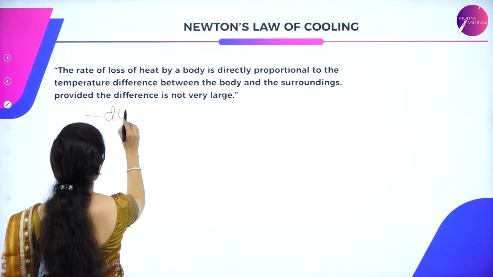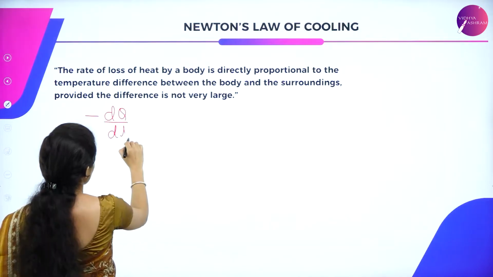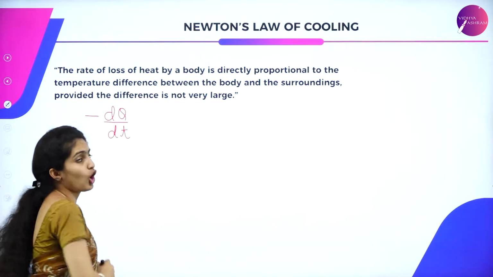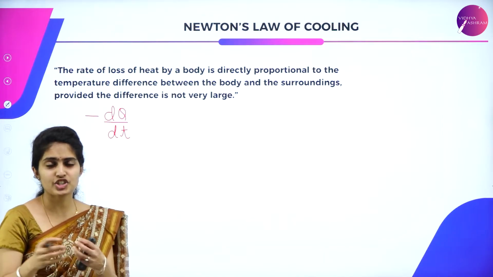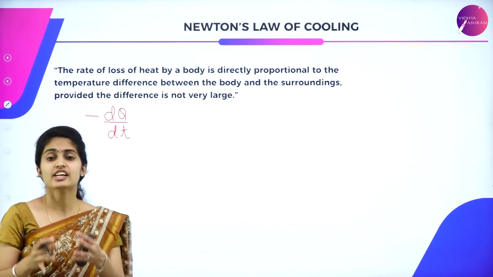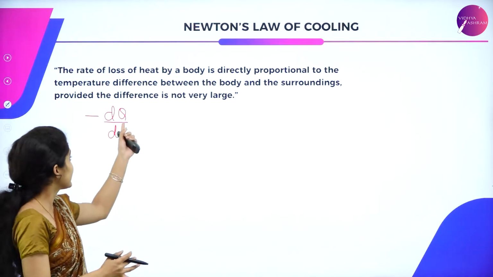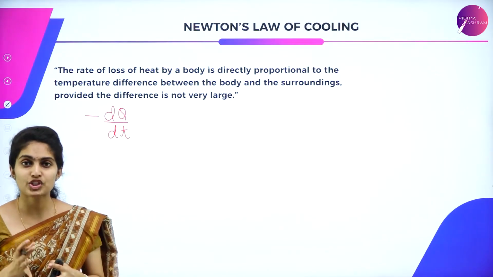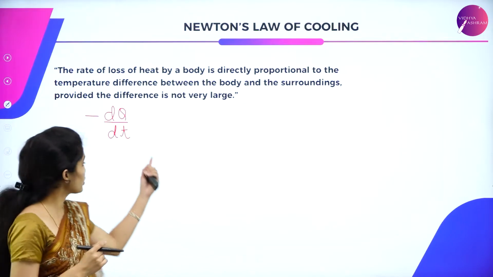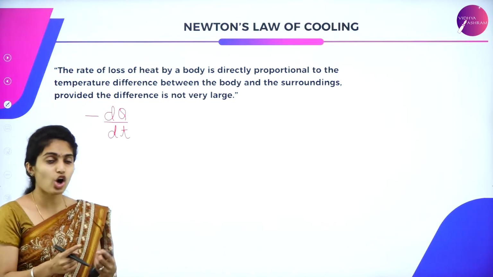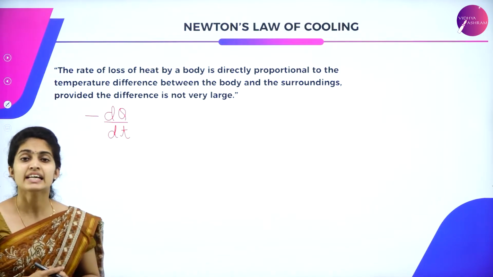Suppose minus dQ by dt, the loss of heat, the change taking place in heat means the loss of heat. Q is the one which represents heat, with respect to time, that is dt. So there is loss, and loss is represented by the negative sign.